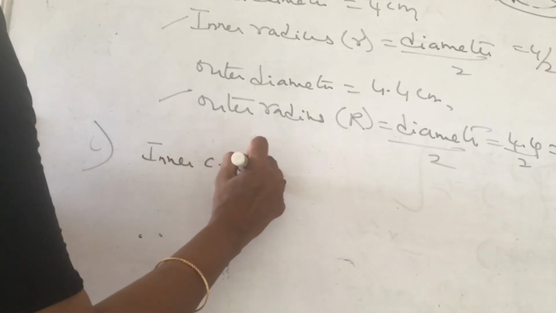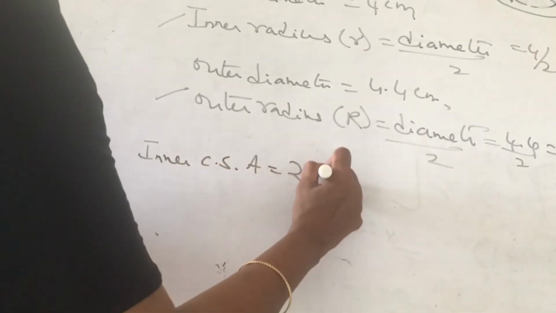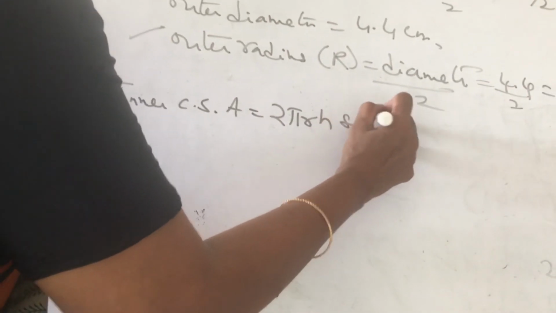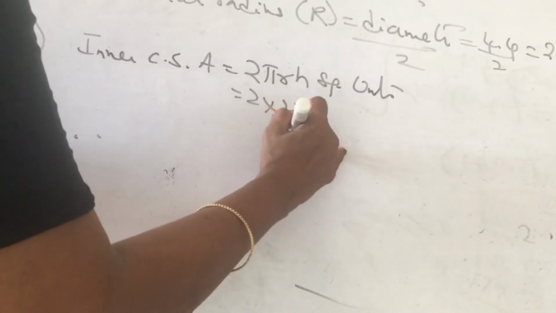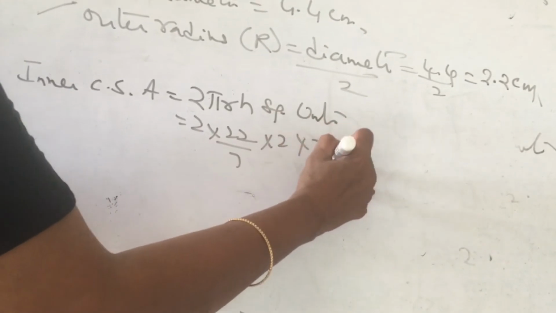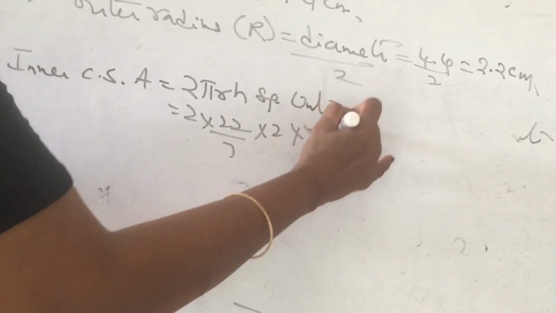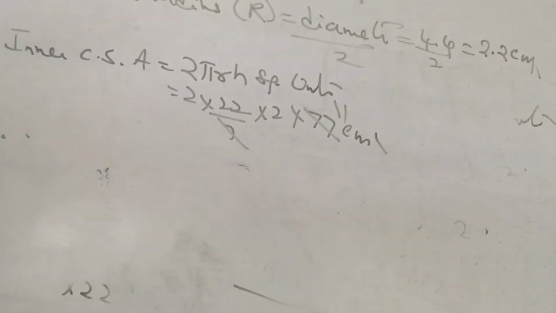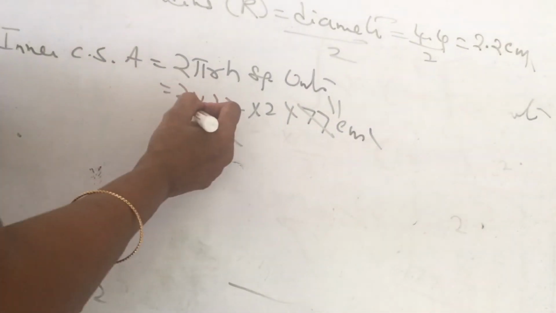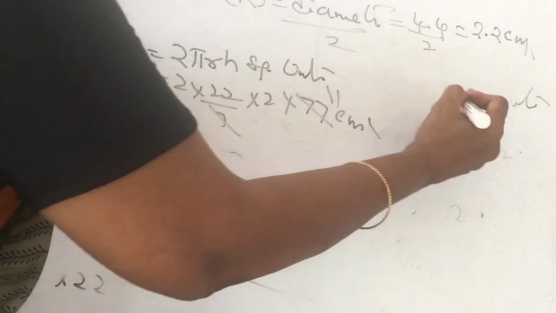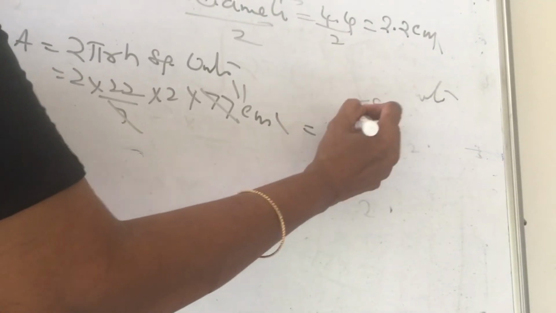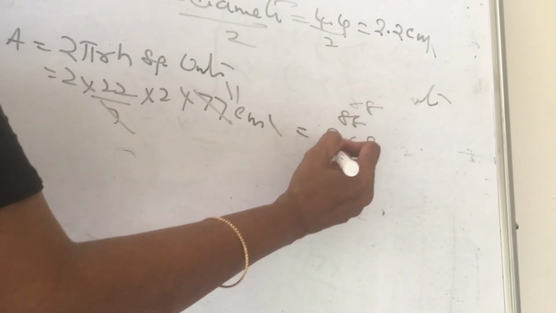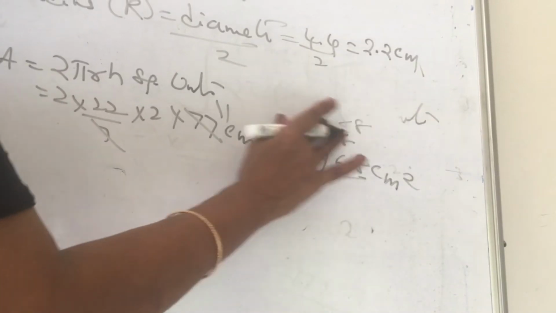Any guesses? 2 pi r h square units. 2 into 22 by 7 into 2 into 77 centimeters square. Yes, 44, 88, 88 plus 88, how much? 968 centimeters square.